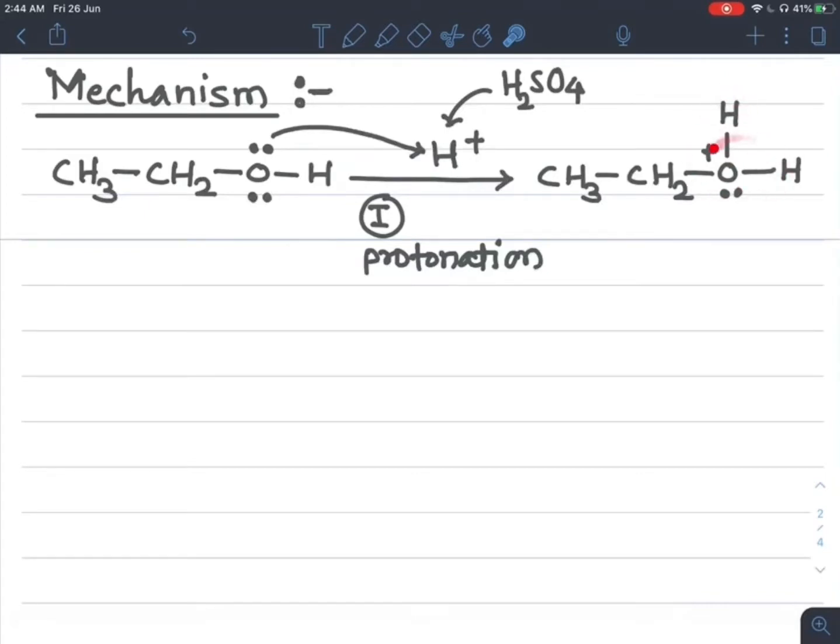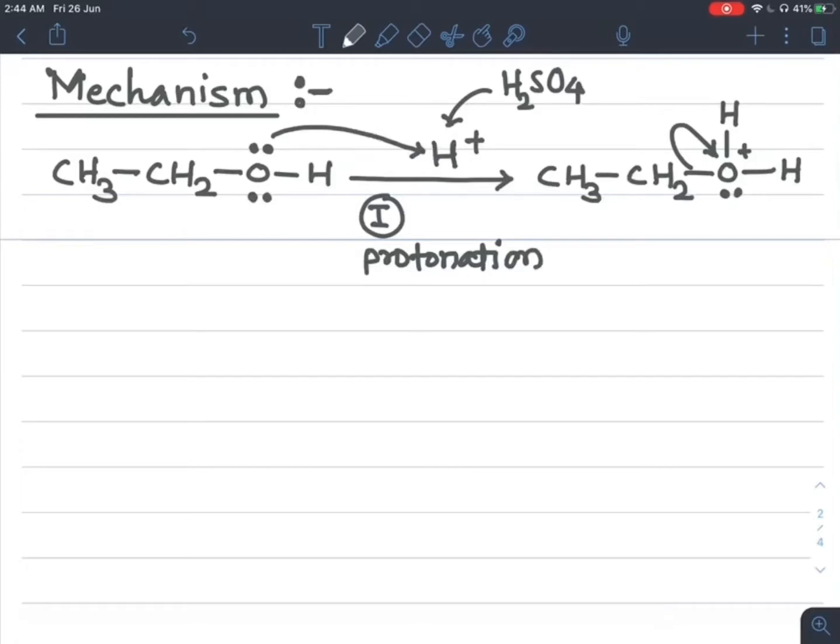So to become stable, what happens? This carbon-oxygen bond breaks heterolytically. Both electrons are attracted by the oxygen, and the bond breaks from here.